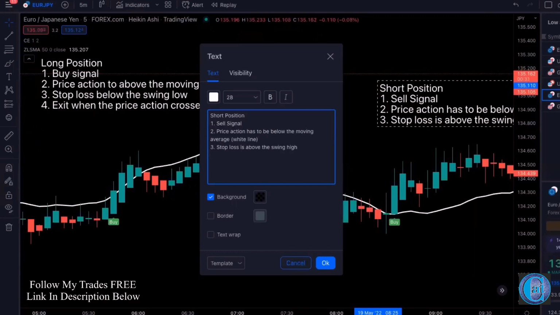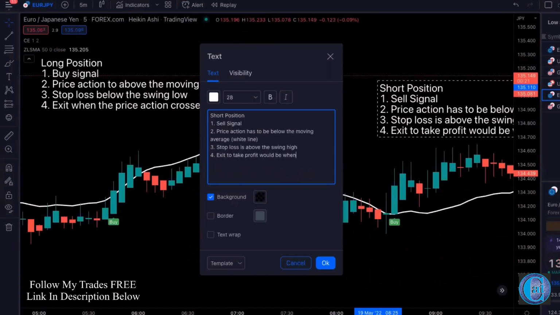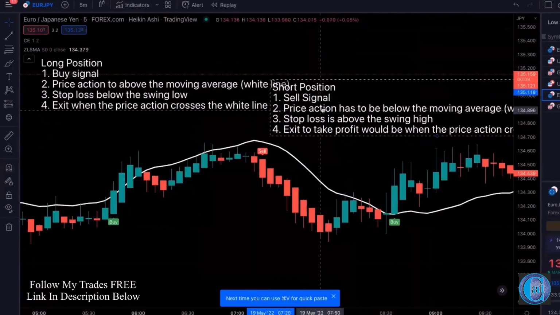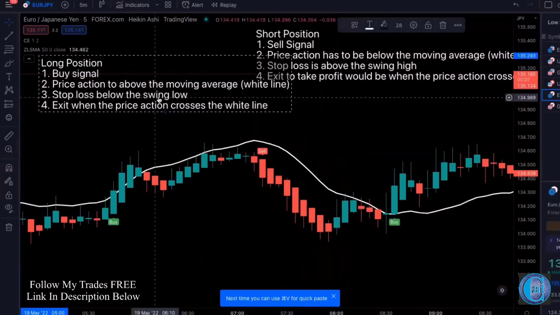And again, to take profit would be when the price action crosses the white line. So you guys have all of these notes. You can make notes of these if you want.